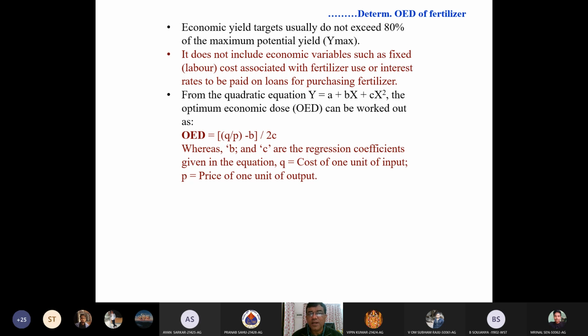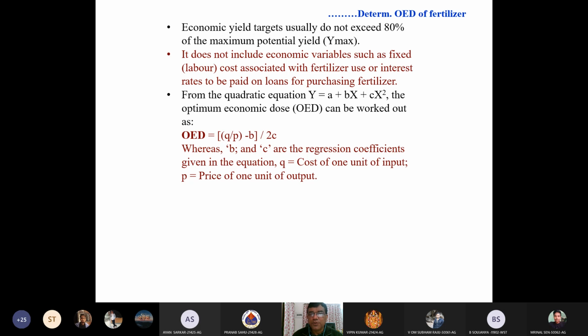Economic optimum doses are normally 80% of the maximum yield dose. It has been observed through different experimentation that on average, the optimum dose is normally 80% of the dose that gives maximum yield.